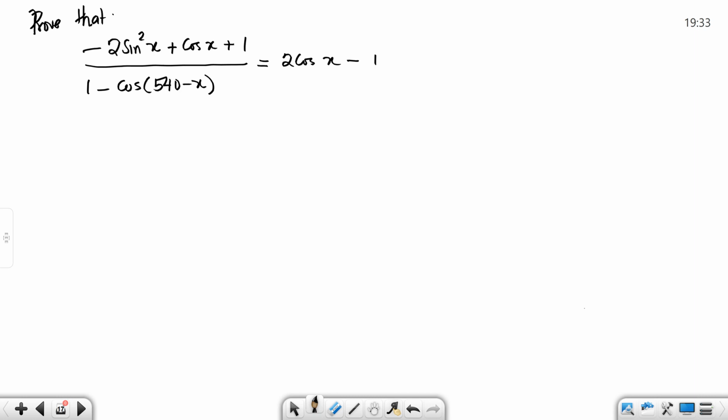I have negative 2 sine. Can I rearrange something here quickly? Yes. If we rearrange, okay, no, it's not going to help. Let's try to make everything of the same trig ratio. And when you make it of the same trig ratio, please don't bring in cos 2x and cos x.